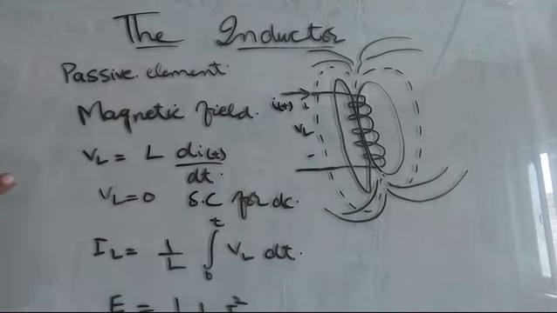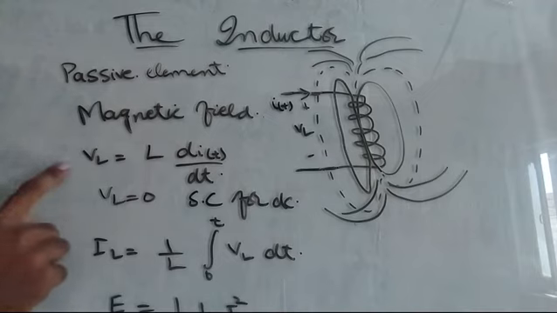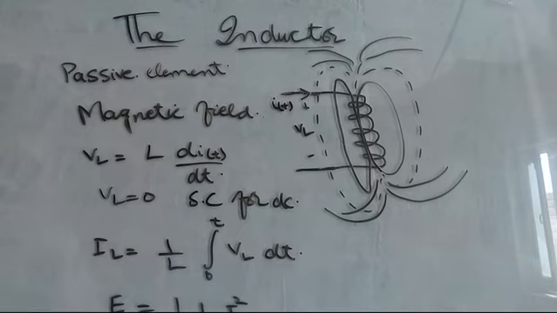So these are the three formulas: the formula to find the voltage of the inductor, to find the current of the inductor, and the energy stored in the inductor. These formulas will help us analyze the circuits that contain inductors. So I hope you now understand what inductors are and how they behave in a circuit. Thank you.